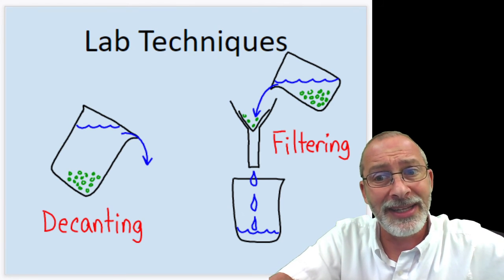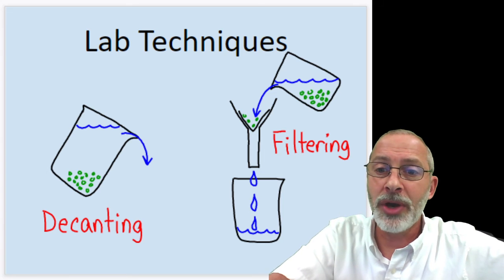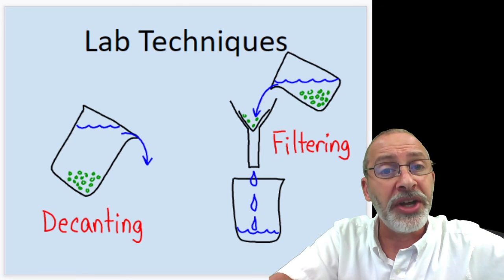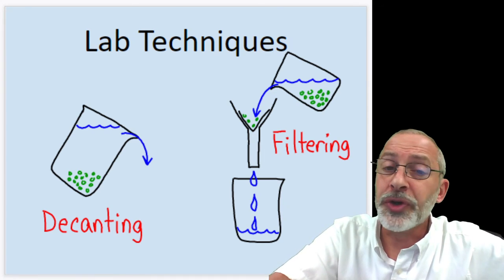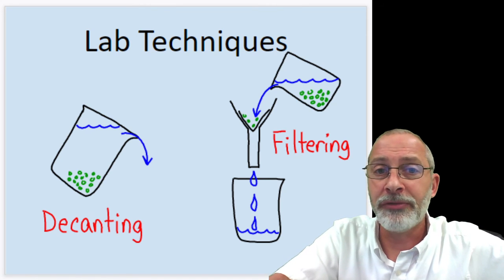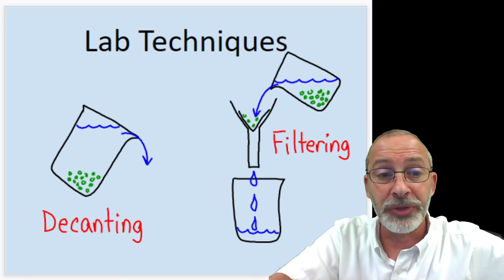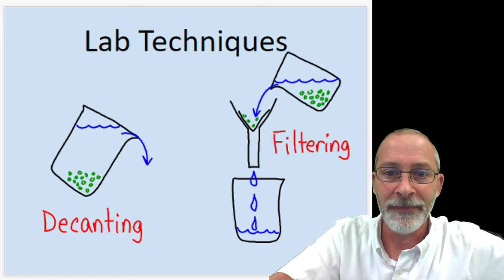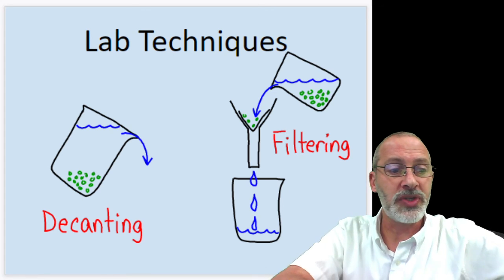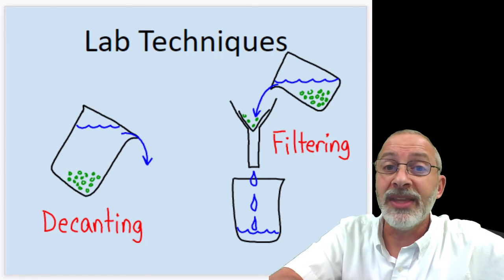We're decanting up top, but it's also going through what's called a funnel and filter paper, which I'll show you tomorrow for the lab activity. And doing both decanting and filtering is doubly effective.